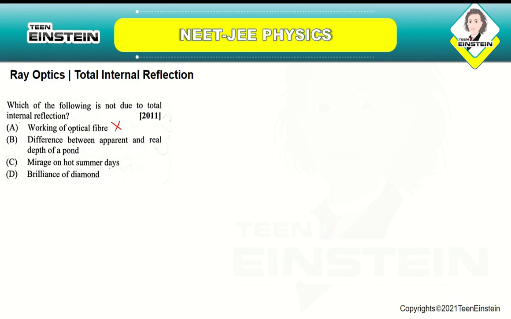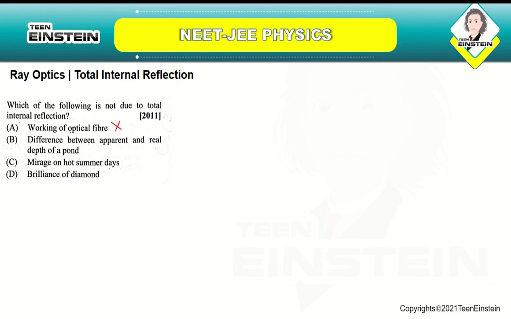And the apparent depth of the pond appears to be less than the real depth only because of the refraction of light. It is not based on the concept of total internal reflection, but on the principle of refraction of light.